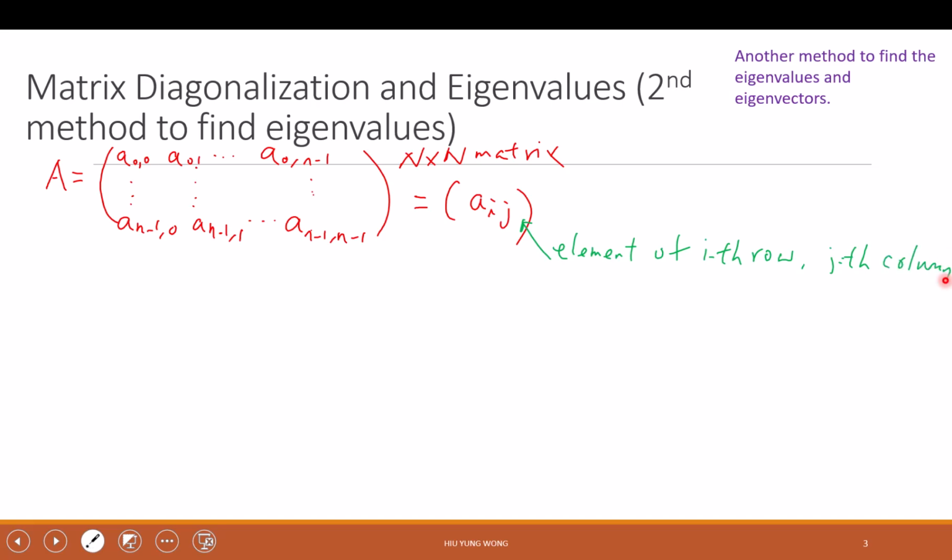So you need to also follow this convention. The first index is the row, the second index is the column, okay?